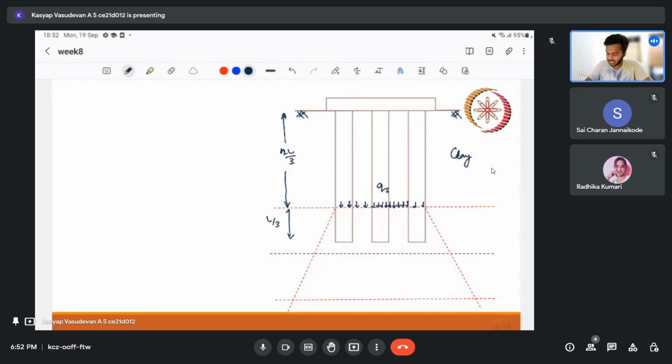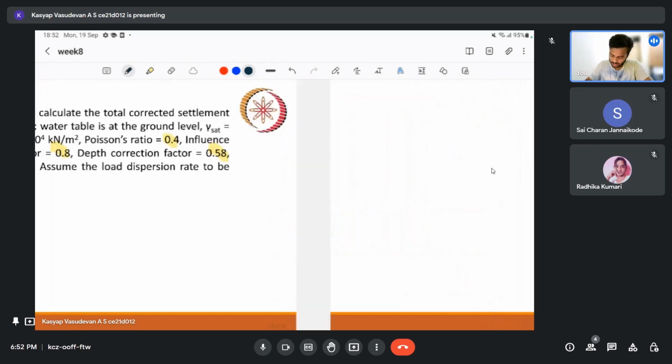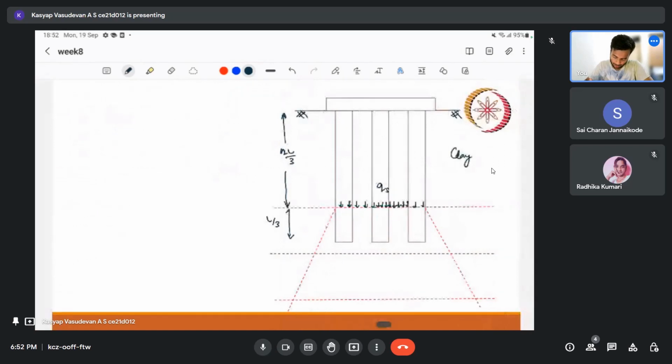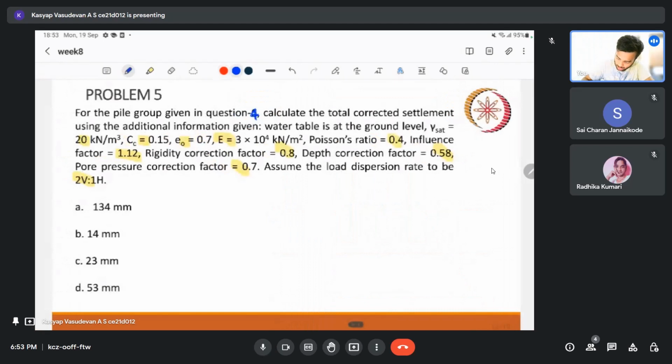So just for the argument, let us say it is a raft at this level. We know that this B is nothing but 2.4 meter. So if it is a raft of width 2.4, our q is equal to 2275 divided by 2.4 square, right?